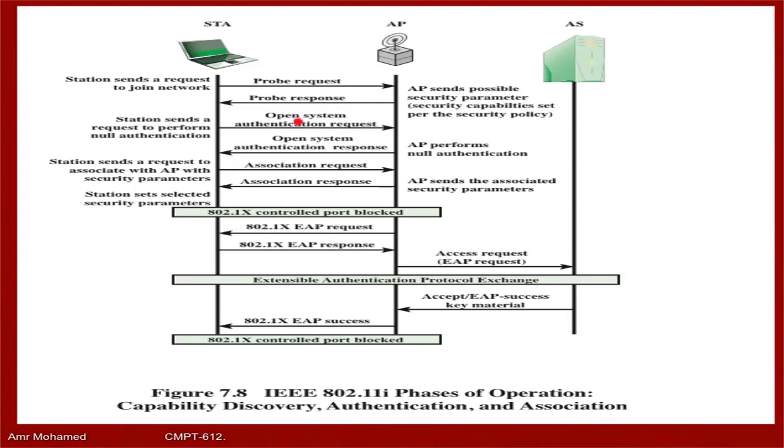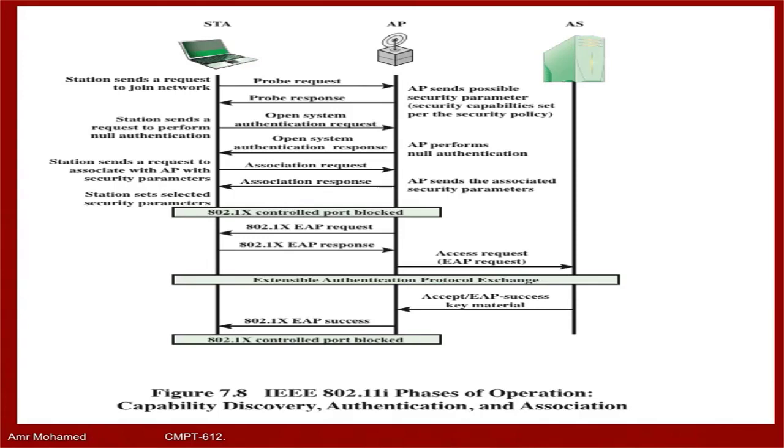So the station will use the open system authentication request. This actually uses null authentication, which means no authentication, or it can use the passphrase mechanism for the case of WEP or WPA. This gets sent to the access point. The access point will respond back if it was able to authenticate the station, either using null authentication or if it was able to decrypt the puzzle using the correct passphrase.